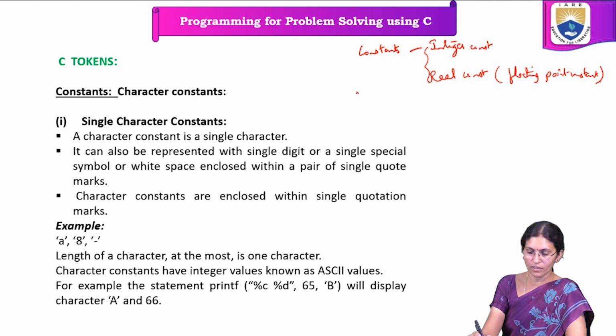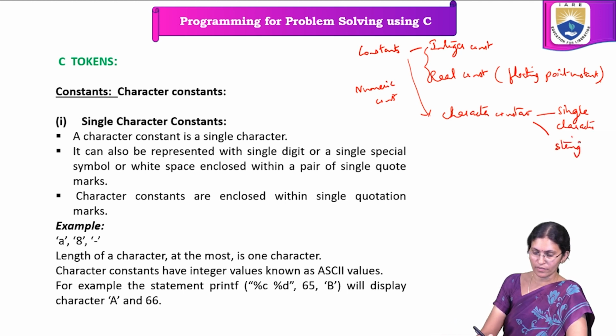These two come under numeric constants, and the next one is the character constant. In character constants we again have two types: single character constant and string constant.